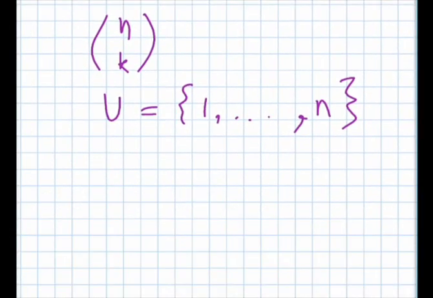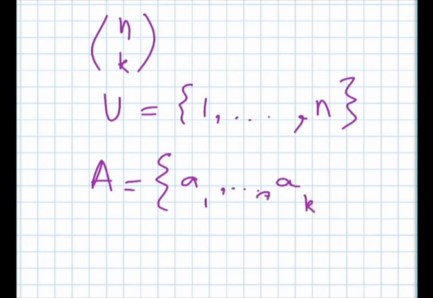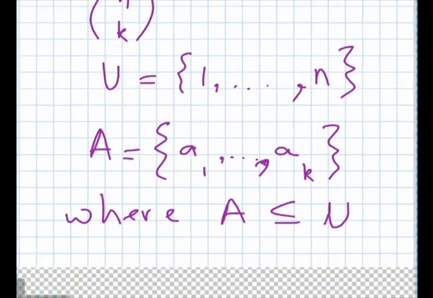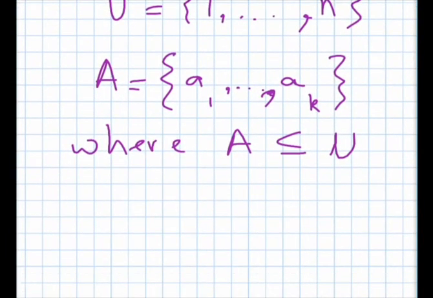So we say that maybe our set A is equal to a1 up to ak, where A is a subset of U. Now the question is, how many ways can we form A? This is n choose k.